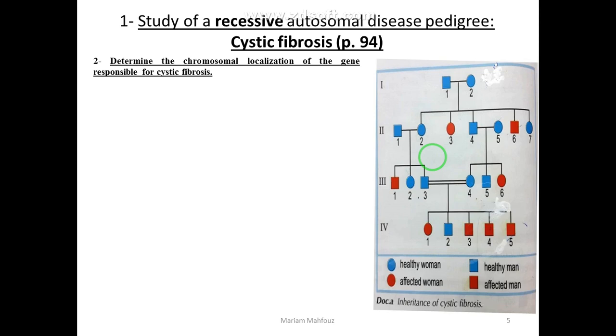We have two types of chromosomes. Let me remind you that we have the autosomes and the gonosomes. The gonosomes in our cells are the chromosomes X and Y if it's male, and double X for the female. The chromosomes X and Y have three main parts.